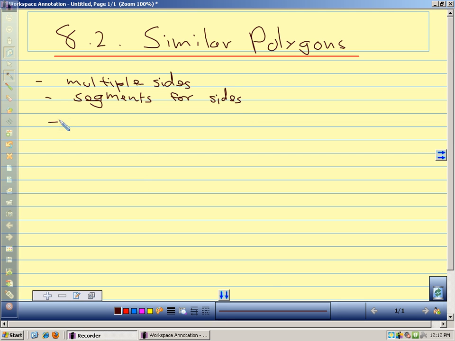Now, when we talked about dilation the other day, we said that a dilation changes the size of a shape, but not the shape. So that's one important thing that we're talking about in this chapter. Dilations change the size, but not the shape.